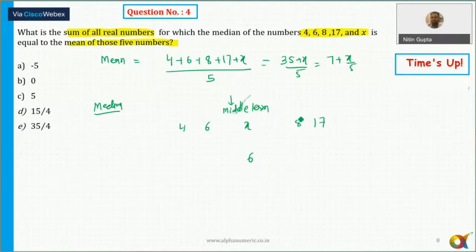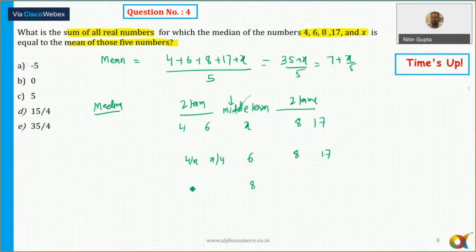Middle term means there have to be two terms on the right-hand side and two on the left-hand side. After 6, the two terms can be 8 and 17, and before it can be 4 and x in any order. If x is greater than 4, then it is 4, x, 6, 8, 17. Or the third possibility: my median can be 8.